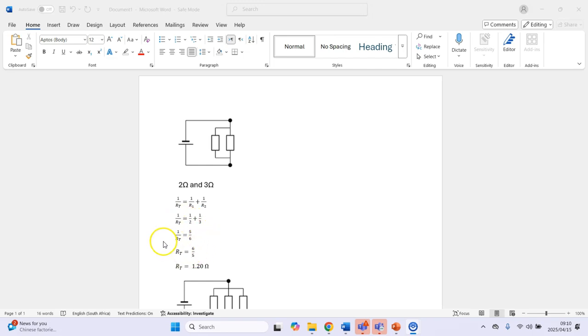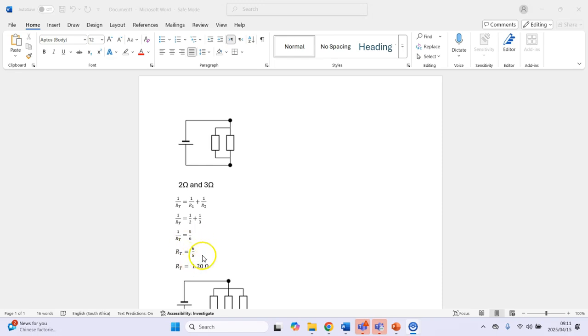Now that we have this fraction, we need to flip it because 1 over RT is 5 over 6, but we want the value for RT. RT is equal to RT over 1. So what we're doing is we're flipping this to make this RT over 1, which is equal to RT. Therefore, we need to flip this fraction to get 6 over 5.